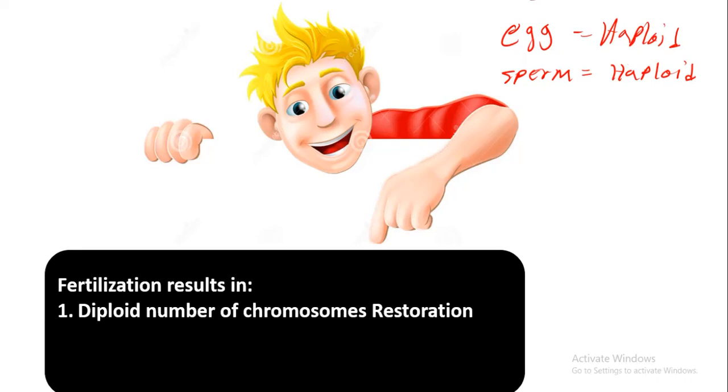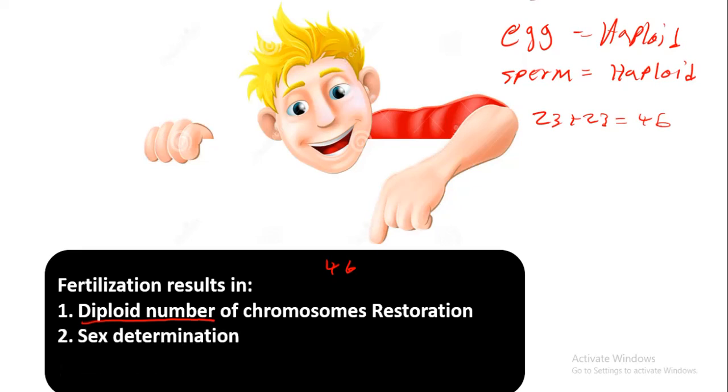So the sperm has a haploid number and the egg also has a haploid number, which is 23 plus 23, giving us 46. So after fertilization, the result is the diploid number of chromosomes, which is 46 chromosomes, including 23 pairs. When fertilization takes place, things tend to normalize, with the formation of a diploid number of chromosomes.